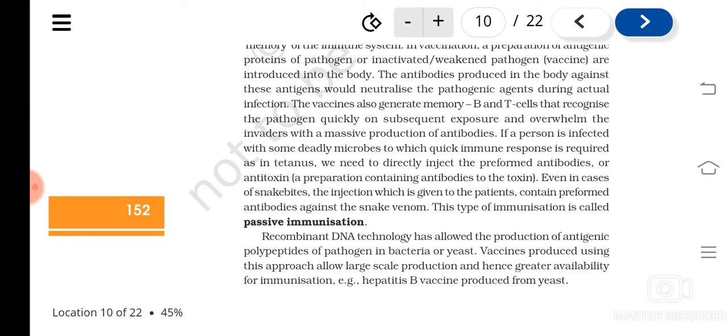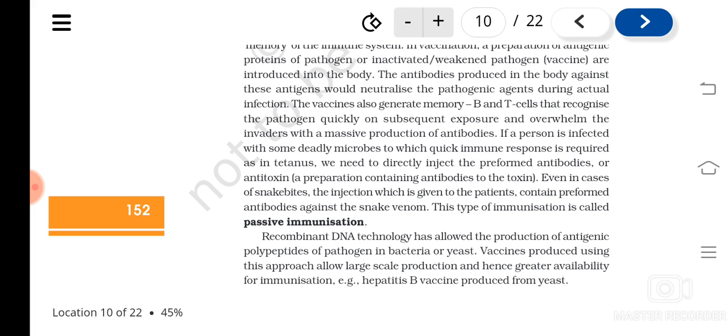Understood? Then recombinant DNA technology, that we will study later, helped us to produce antigenic polypeptides. It is not necessary that every time we have to introduce the microorganism which causes the disease, or its weakened form.